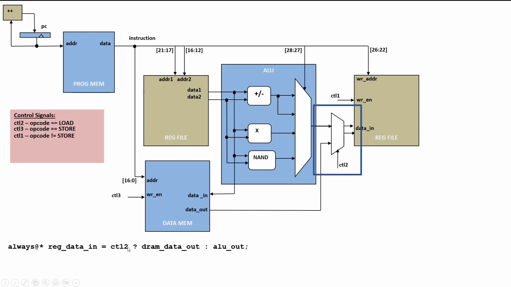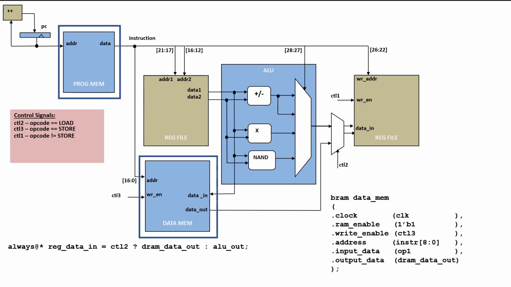This syntax means that if control2 is 1, take this thing and assign it to this thing. And if it's 0, then take this thing and assign it to this thing. So the ALU out signal is this one, and DRAM out is this one coming from data RAM. So if control2 is 1, we select DRAM, otherwise ALU.